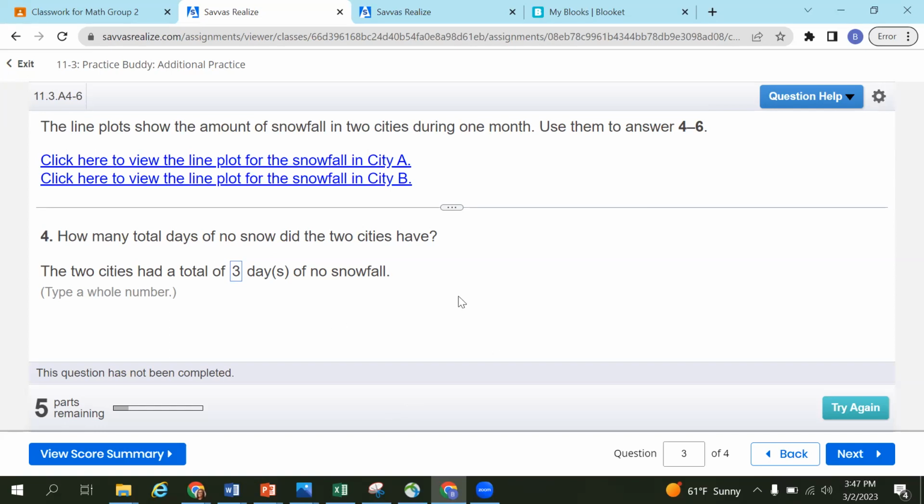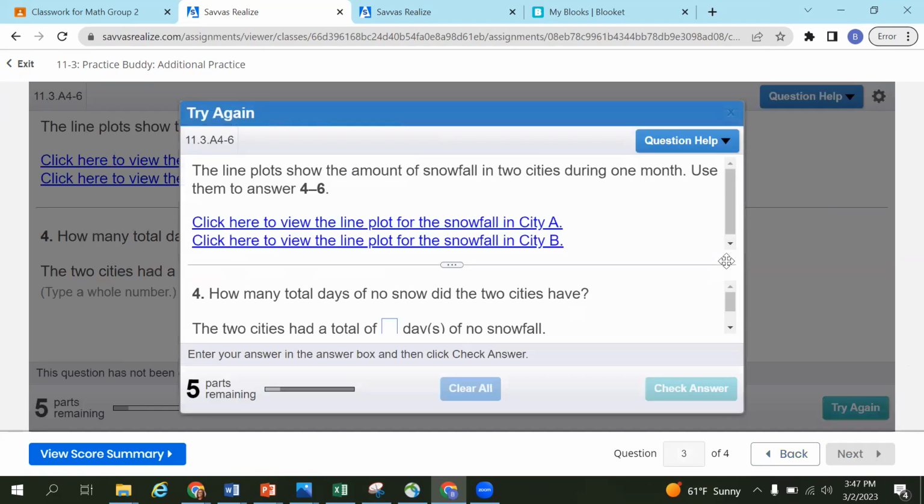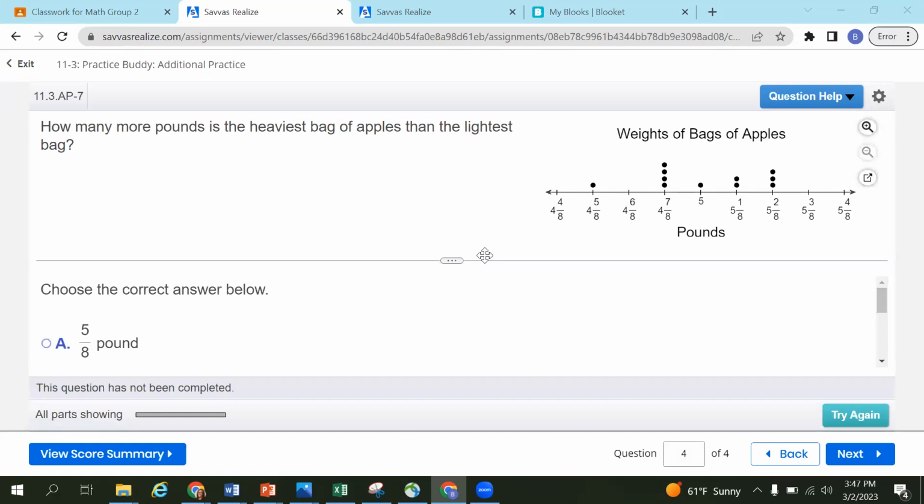So which part? The next. No, it's underneath there. We don't want to try again. We want to go to the next one there. Yeah. Thank you. I'll just sit right here. All right.